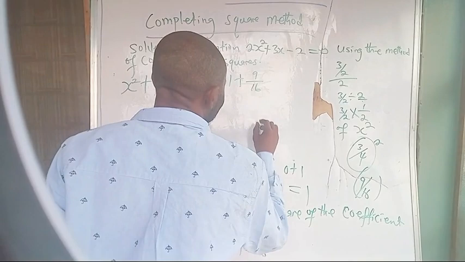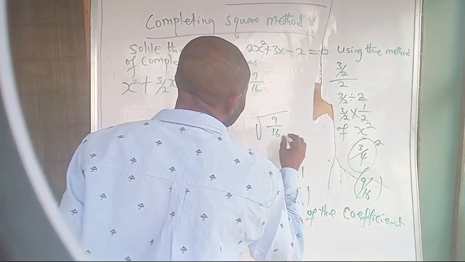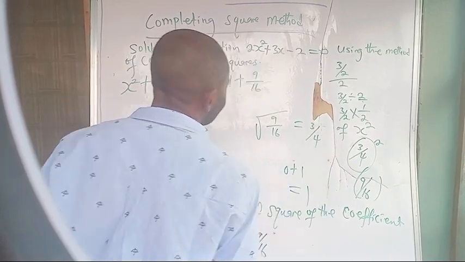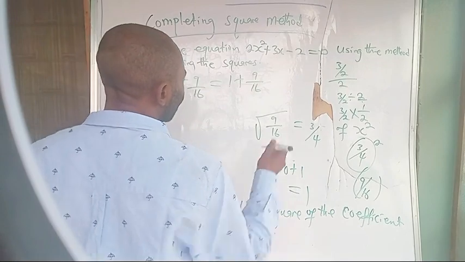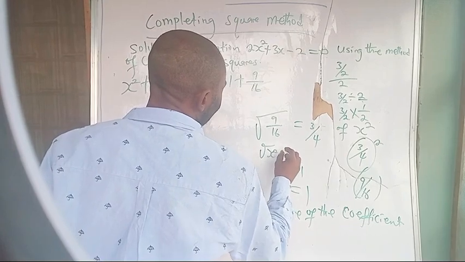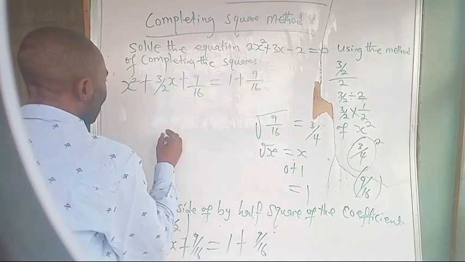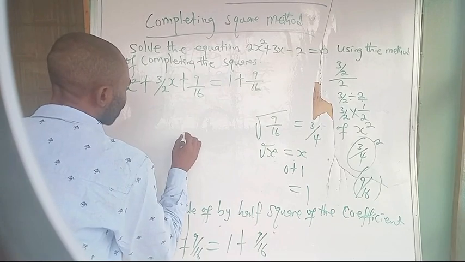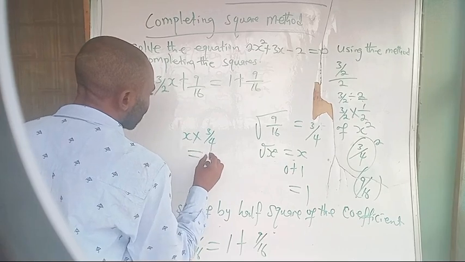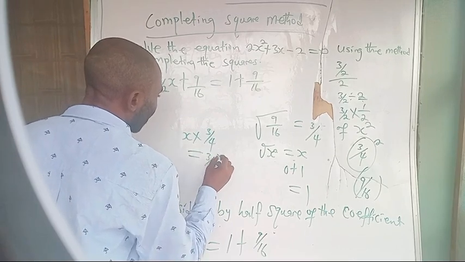Square root of 9 all over 16 is 3 all over 4. Square root of x squared is x. So x times 3 all over 4 will give us 3 all over 4x.